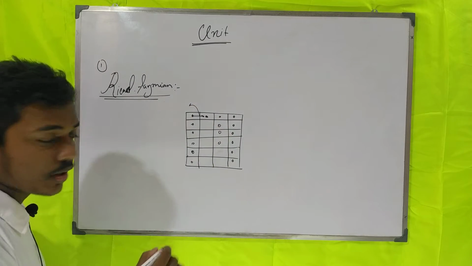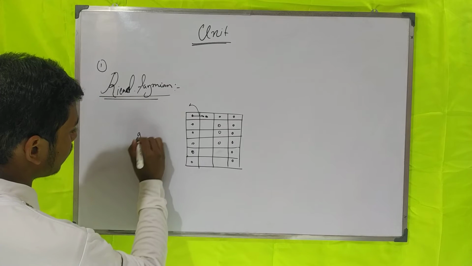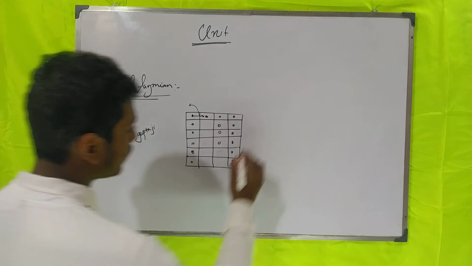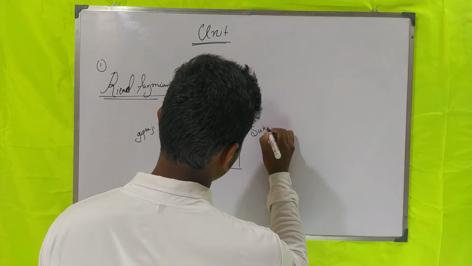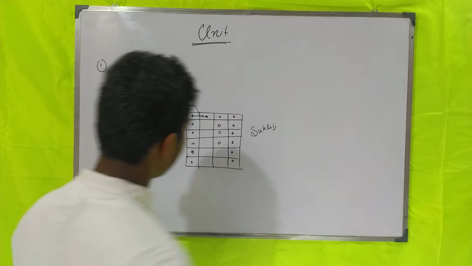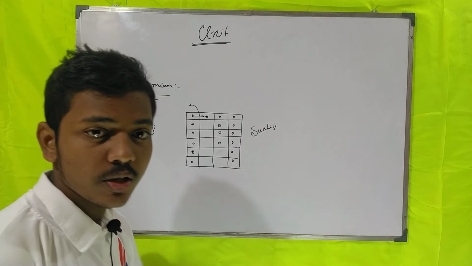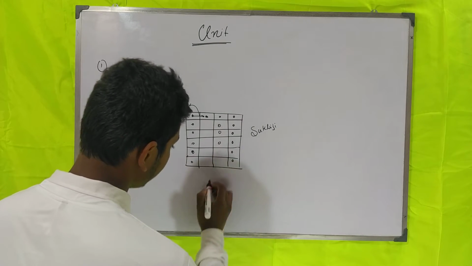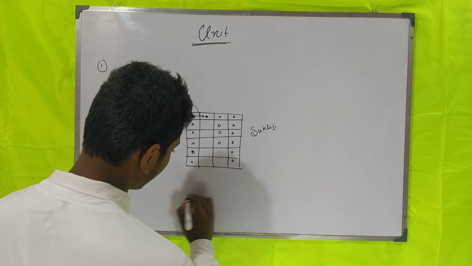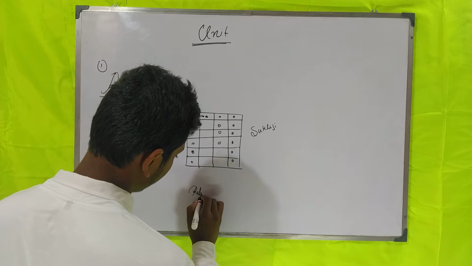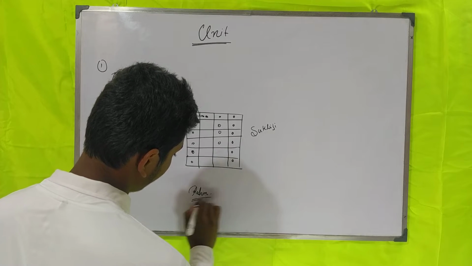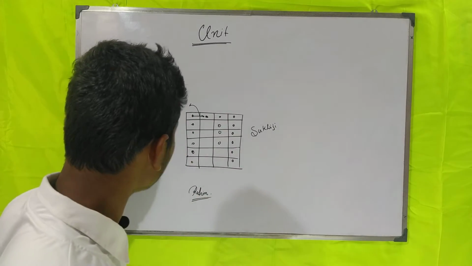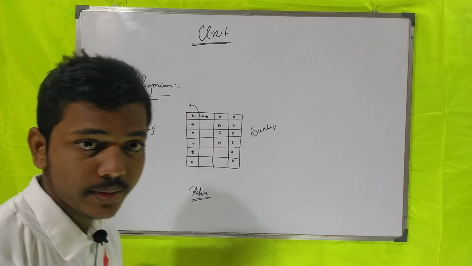So there are two players. Suppose one is Gupta ji, another is Shukla ji. There is an observer. Suppose the name of the observer is Rahim. Rahim will watch the full game, how Gupta ji and Shukla ji play.